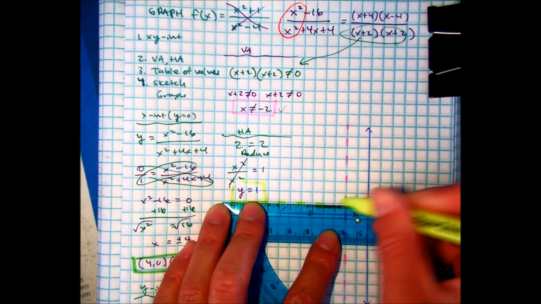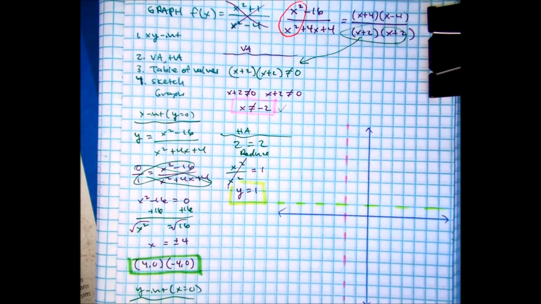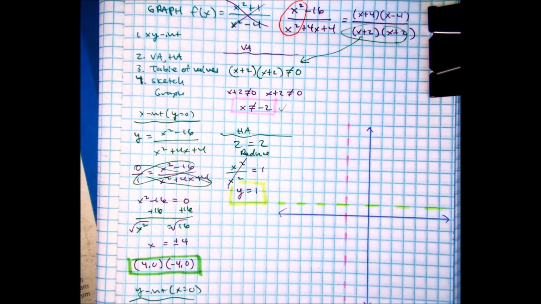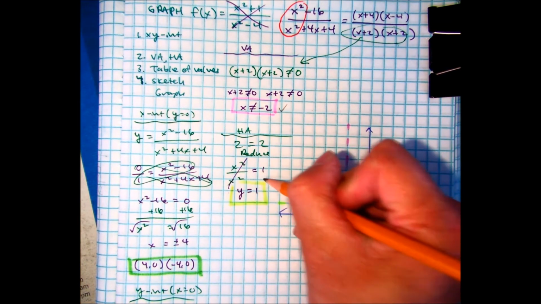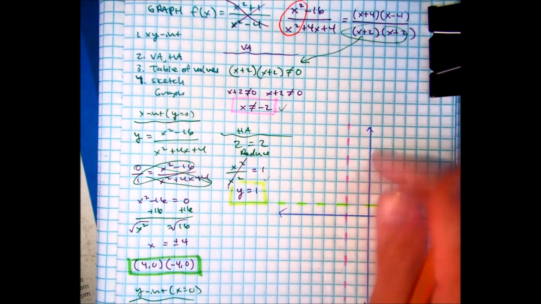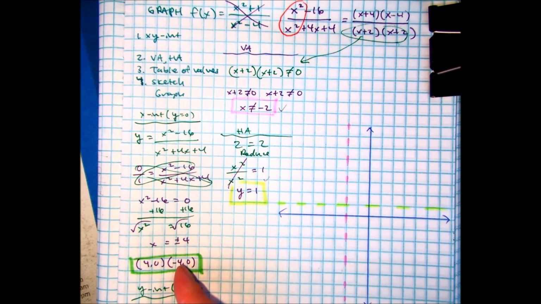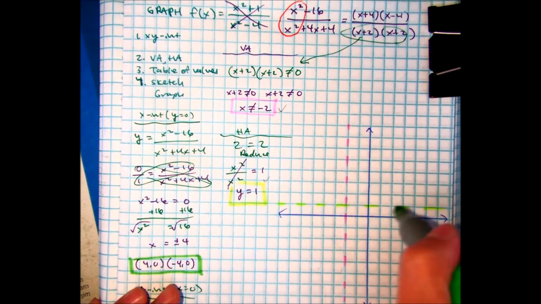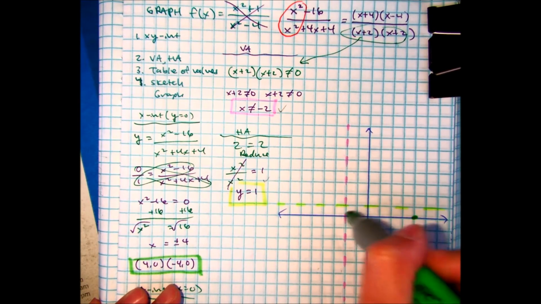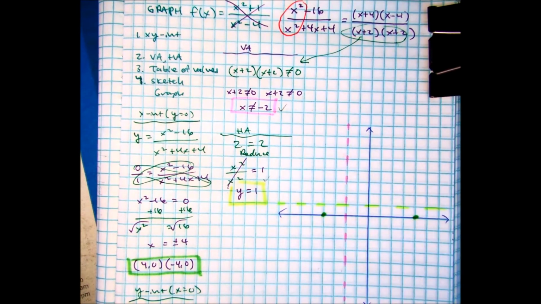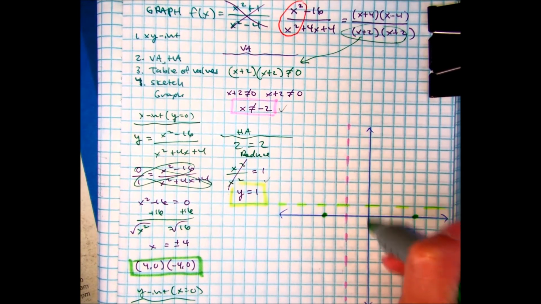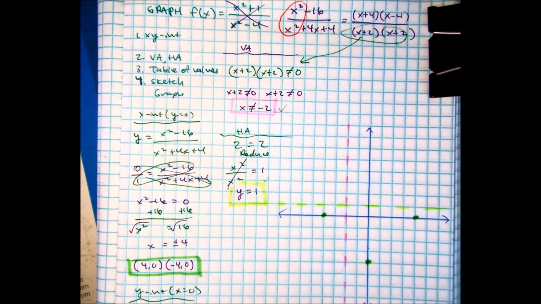So I'm color coding my graphs here so you can see it. Raise your hand if you got that so far. Okay, normally rational functions have 2 curves in the opposite. Usually. Let's graph our x-intercepts. 4, 0, -4, 0, and 0, -4. Looks okay so far?